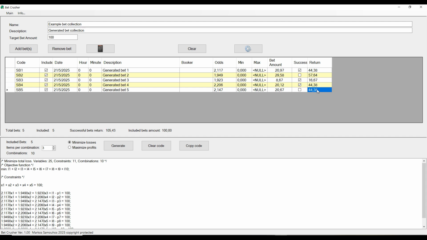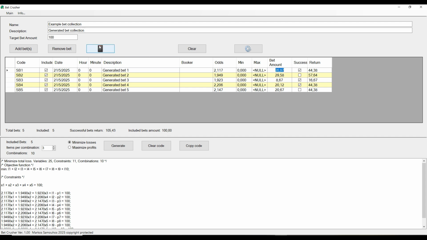Of course, we need to change row for the calculation to update. So we see that for those three bets, we get back 105 units. We are on the profit side. This means, of course, that we will be on the profit side, not just get our money back, for any other combination. These values are the three smallest values. We can round the amounts of the bets if we want, but we need to do it manually.